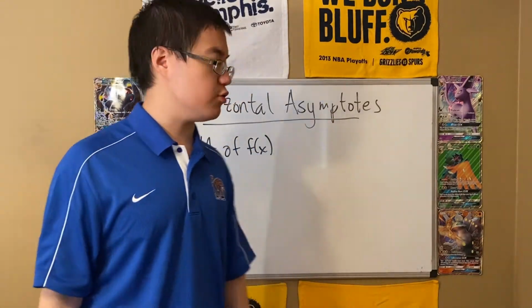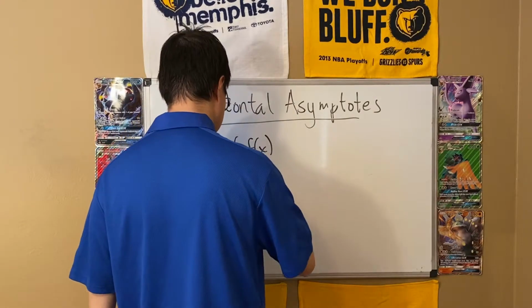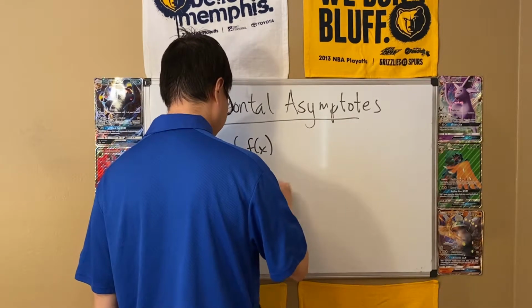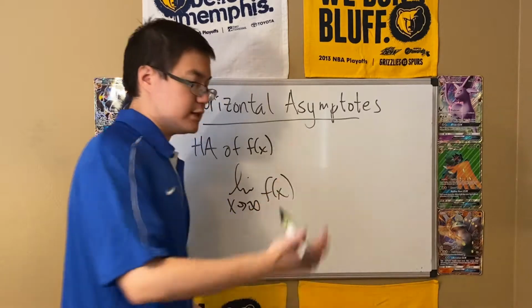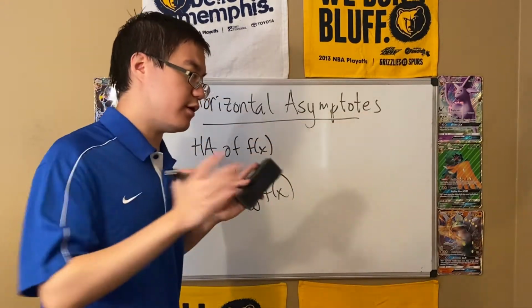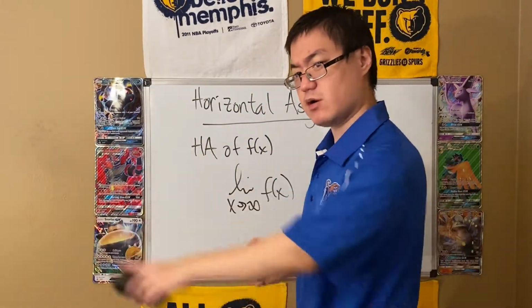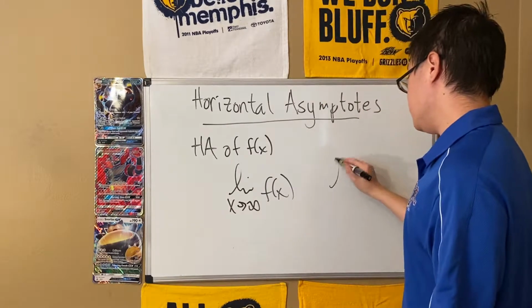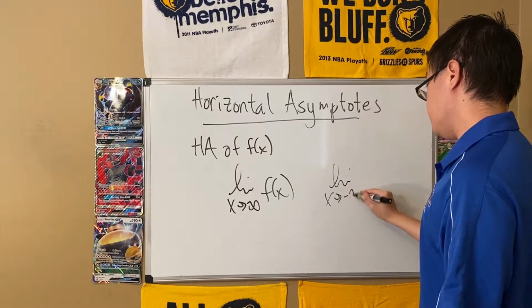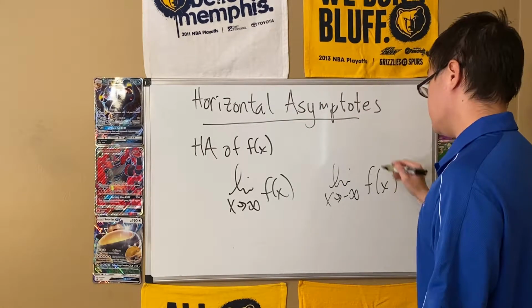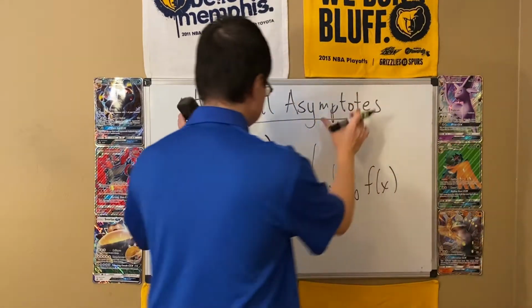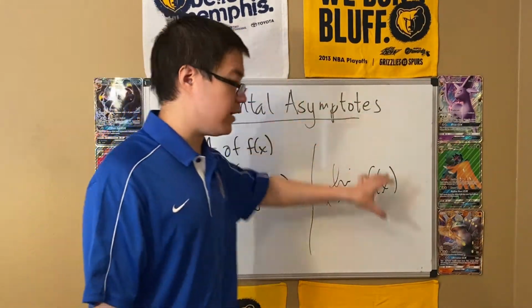The first is the limit as x goes to infinity of f of x, because you want to see what happens when you keep going further and further. The other limit is the other direction: the limit as x goes to negative infinity of f of x. See the words horizontal asymptotes, find this limit, find this limit.